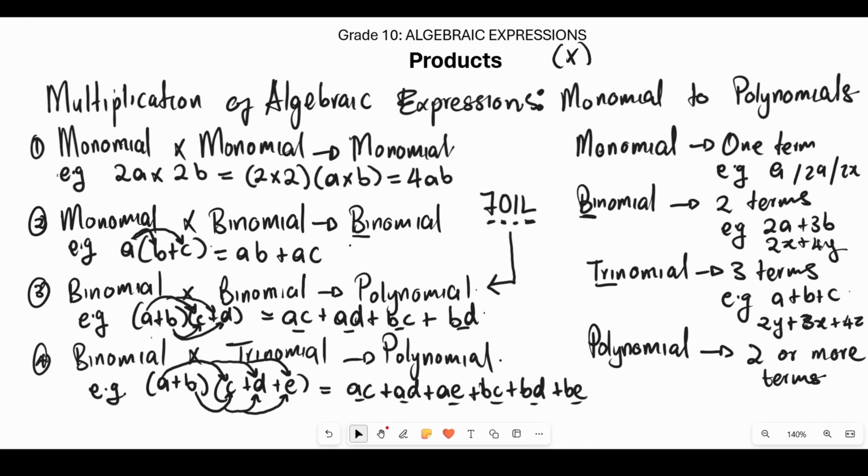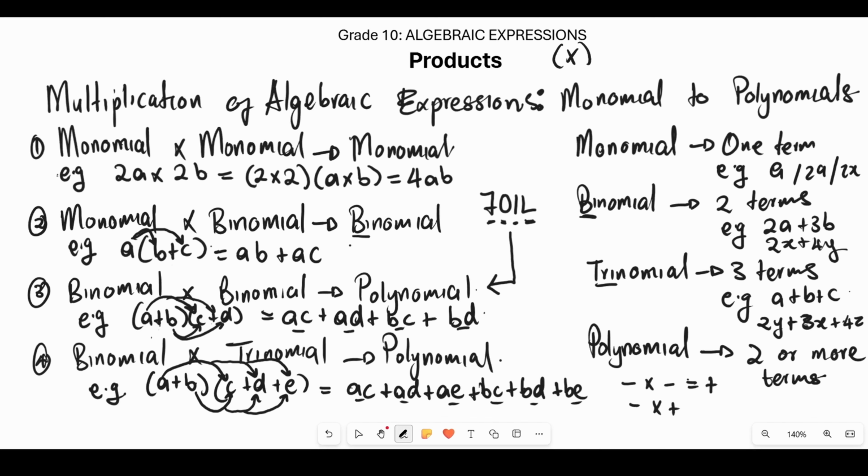We're going to be focusing on these four scenarios basically. So going back to what I was talking about whenever I was talking about the binomial multiplying the binomial, students have a tendency of making sign errors whenever they use the FOIL method. You must always know that negative multiply negative, it gives you a positive.